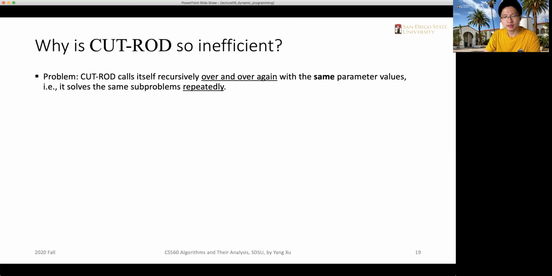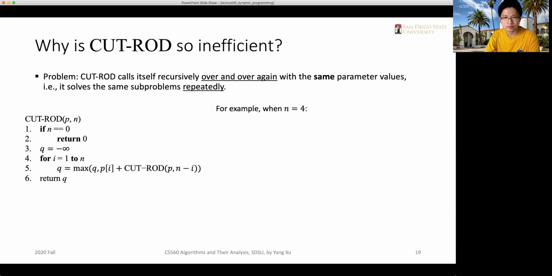We can easily find out why. I'm going to put the detailed explanation in the next lecture, but we can go through it quickly now. When the input is 4, the cut rod on 4 will call cut rod on 3, 2, 1, 0.